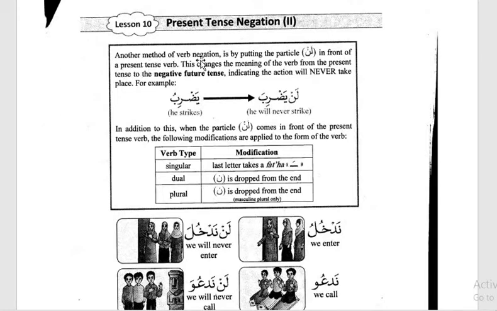Another method of verb negation is by putting the particle len in front of the present tense verb. So our tool for the present tense negation 2 is len. When we put len in front of the present tense verb, let's see what will happen.